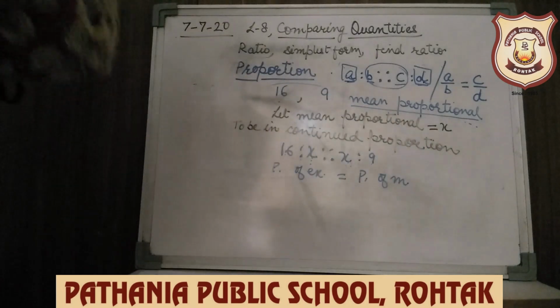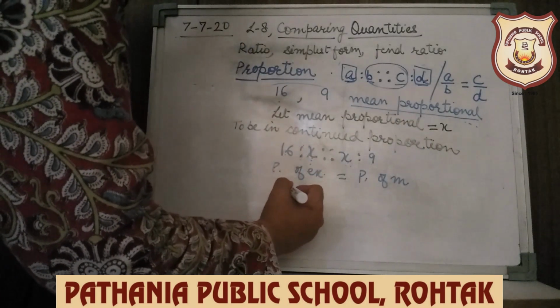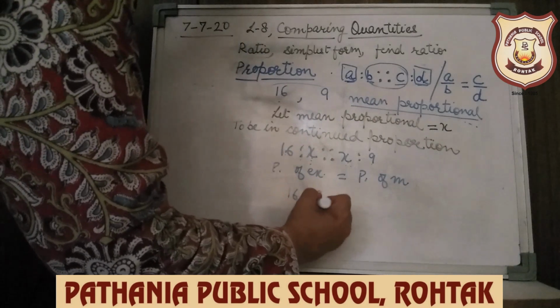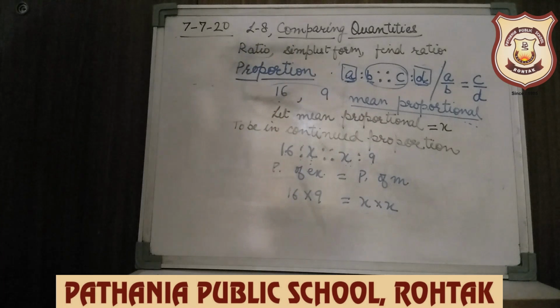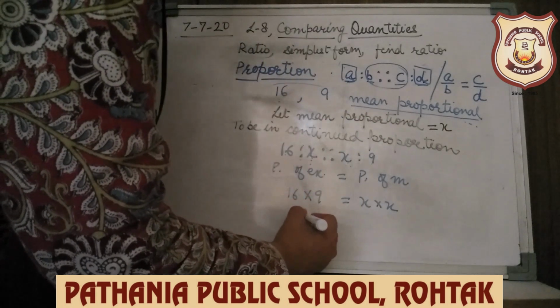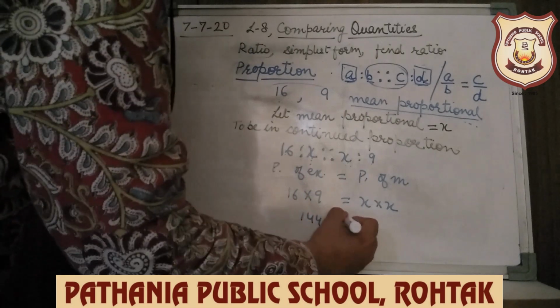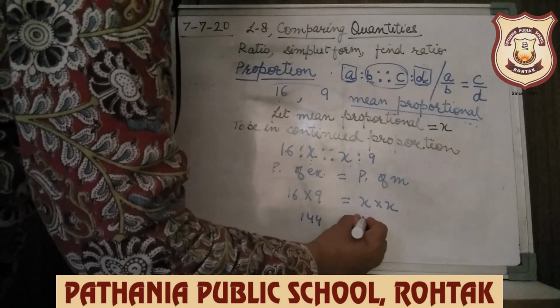You have to write it in full. 16 multiplied by 9 is equal to x multiplied by x. Now 16 nines are 144, and this is equal to x square.